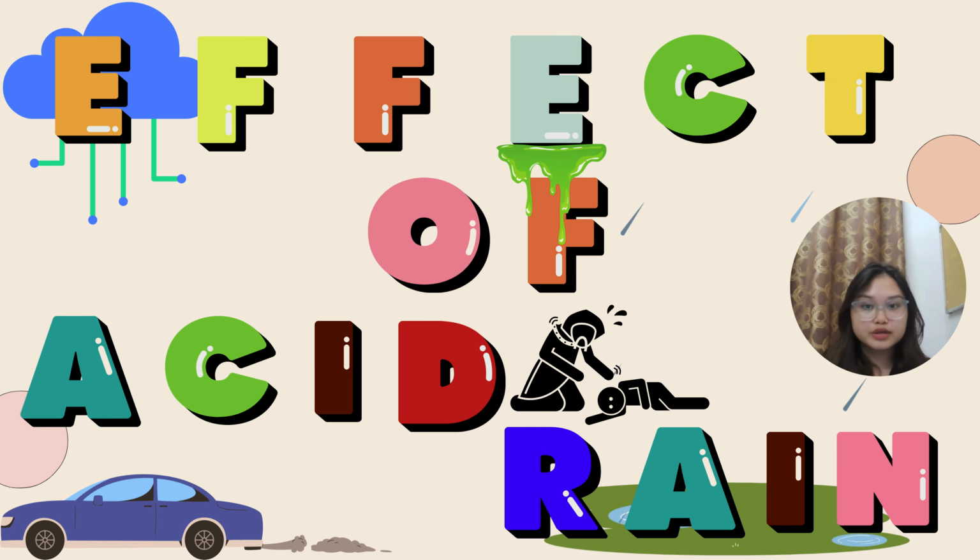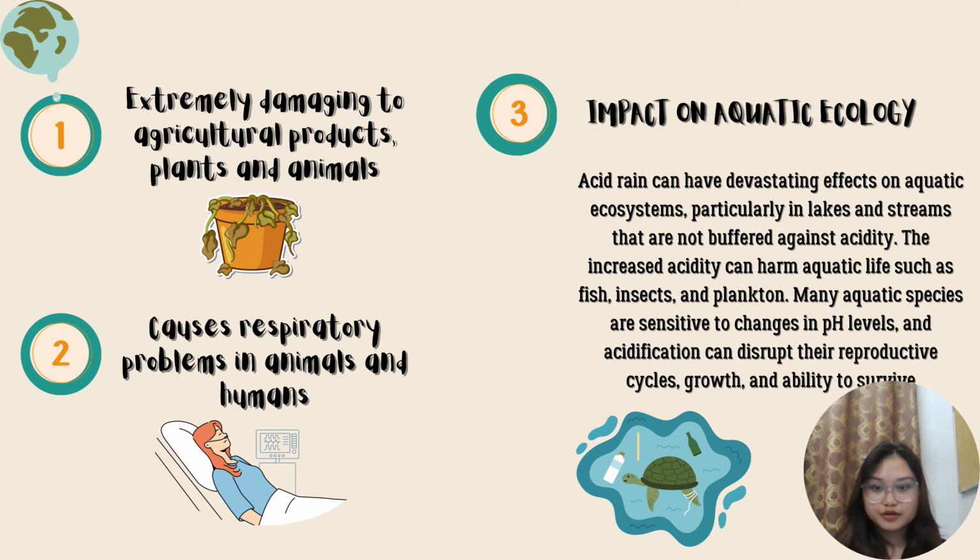And now I will present about the effects of acid rain. The first one is that it is extremely damaging to agricultural products, plants and animals. Second, it causes respiratory problems in animals and humans. And the third one is the impact on aquatic ecology.